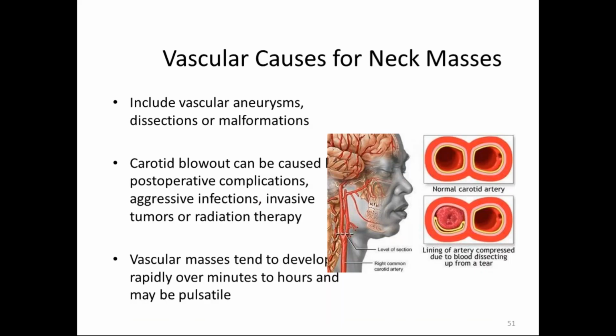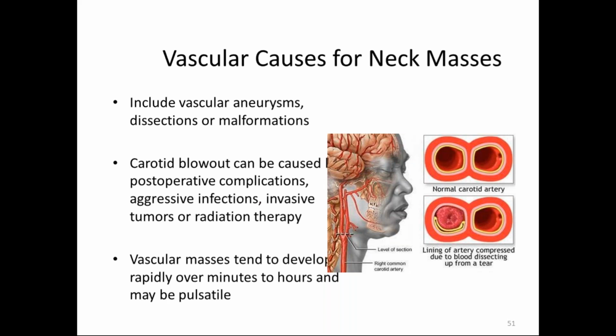Vascular causes for neck swelling include vascular aneurysms, dissections, or malformations. Carotid blowout can be caused by post-operative complications, aggressive infections, invasive tumors, or radiation therapy. Vascular masses tend to develop rapidly over minutes to hours and may be pulsatile.